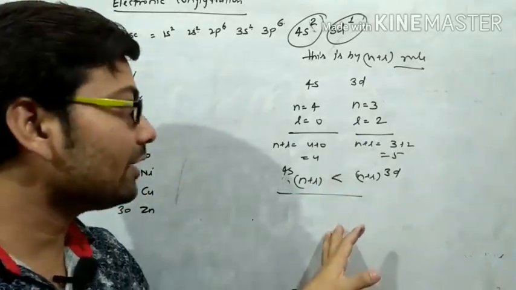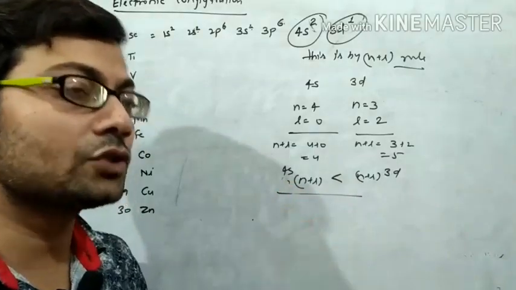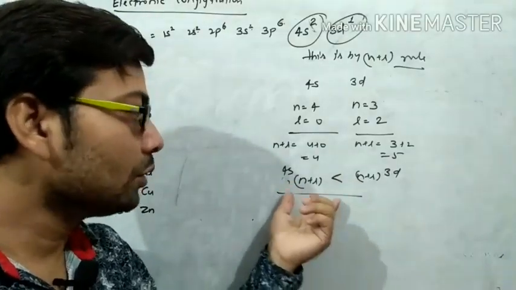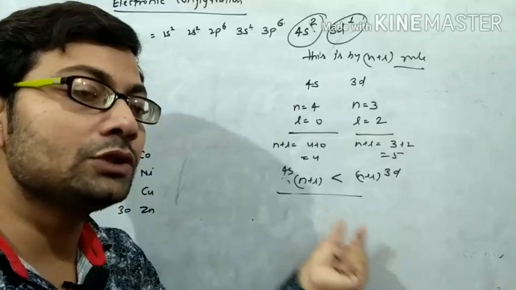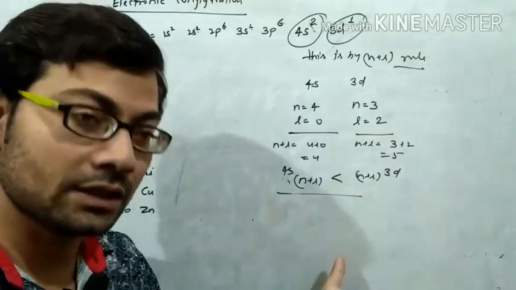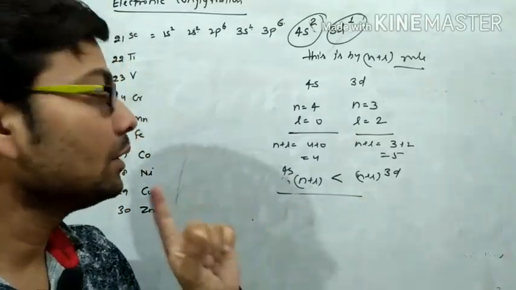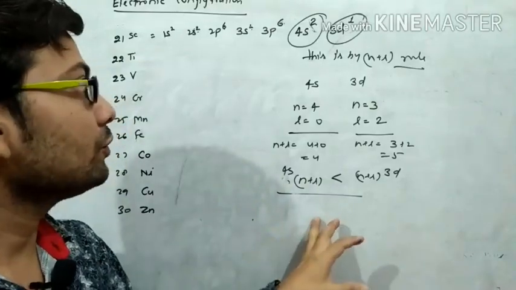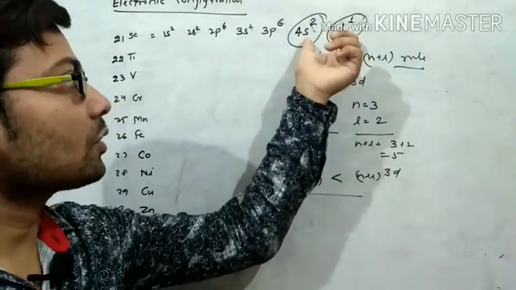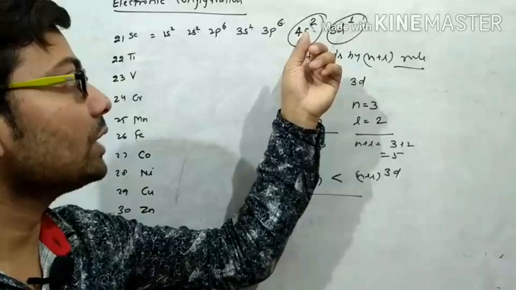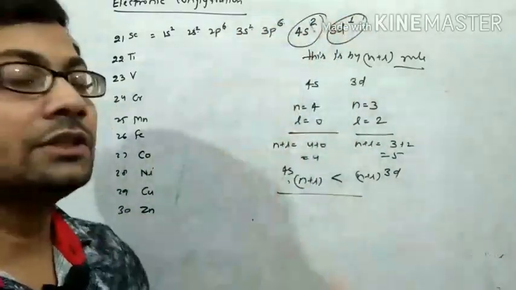So according to Aufbau, you fill the electrons in the orbital whose n plus l value is lower. Right? This is the first rule clearing the concept of why we fill the 4s orbital first, before 3d.